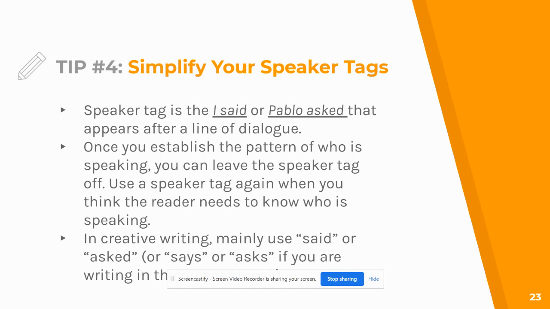So you can leave them off, and then if you feel like, well, I haven't used one in a while and I'm worried the reader's going to get lost, you can add one in there. Okay? And like I said here, in creative writing, mainly use said and asked. And you can pepper in other words that you think are more interesting in a little bit. Okay.